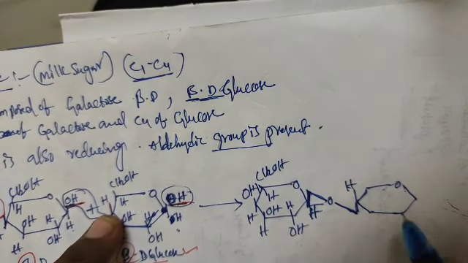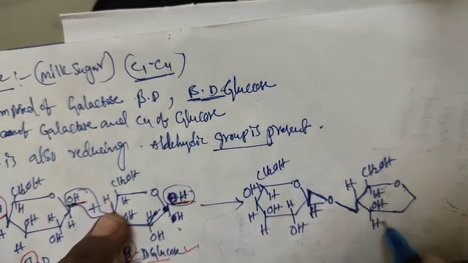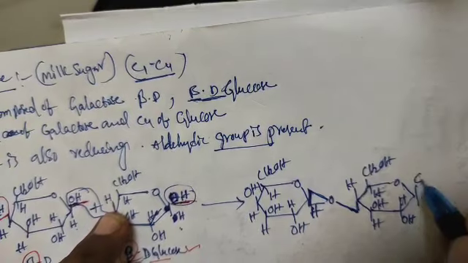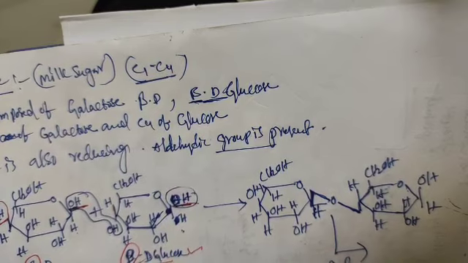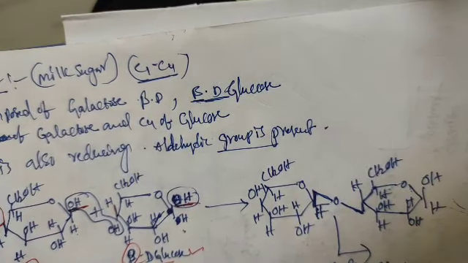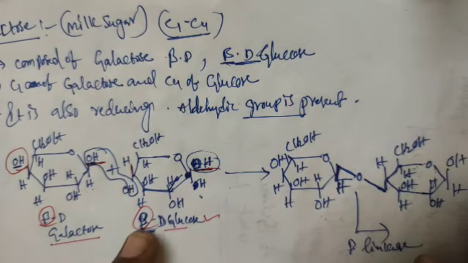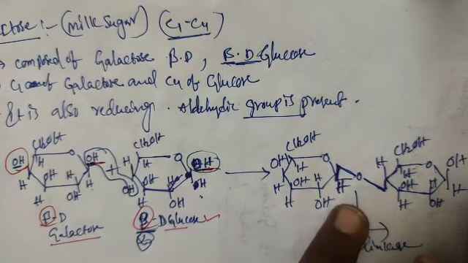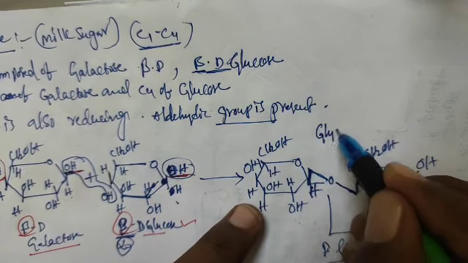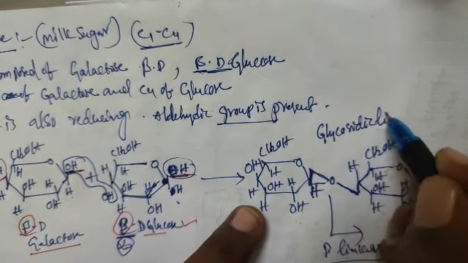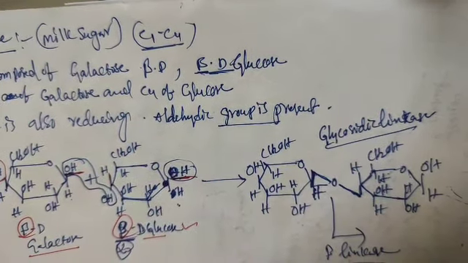So this is the O bond. Here CH2OH, here H, OH H, OH H, here OH H. So now we will call this a beta linkage, no? Because both are beta D galactose and beta D glucose. So beta forms one linkage, that is the beta linkage or glycosidic linkage.